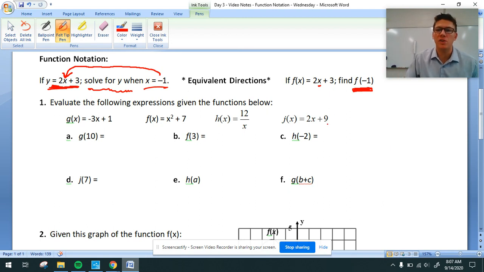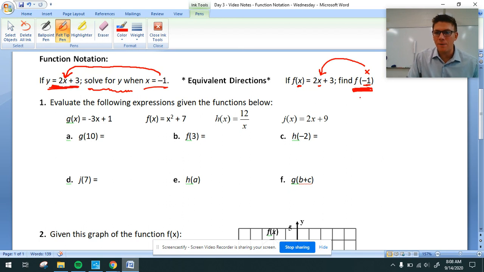Well, what they're asking you to do is find f of negative 1. Notice how it's usually f of x, but now it says f of negative 1. So it's asking you to do the same exact thing: plug in this x value right here, and whatever you get back is the y value.